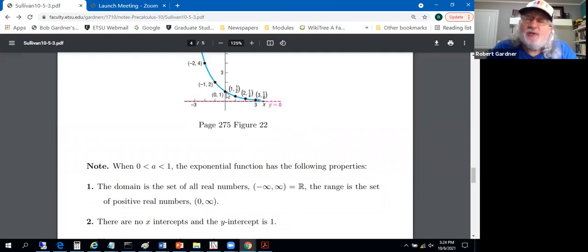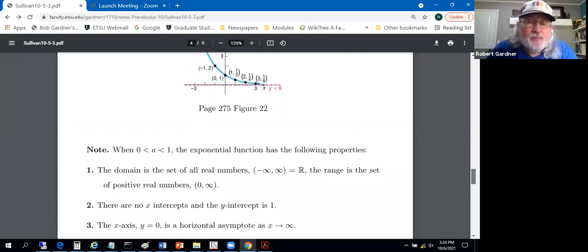Y-intercept, we still get the point (0, 1). We had the point (0, 1) on 2 to the x, so on 1/2 to the x, we get that same point. Remember, we reflected about the y-axis. Any points on the y-axis stay on the y-axis, like the y-intercept. The x-axis, y equals 0. y equals 0, of course, is the formula for the x-axis. They indicate it in pink or so here.